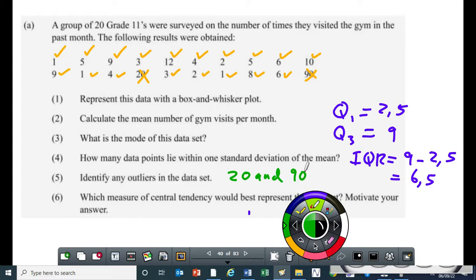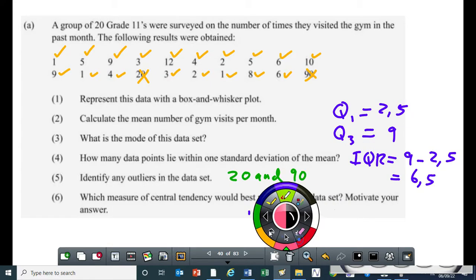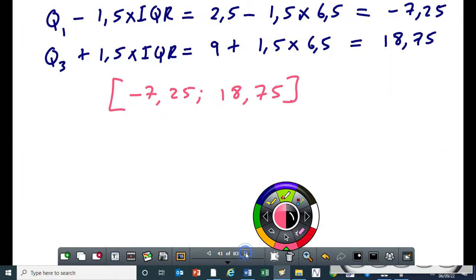Now if you've done it by inspection, I think the only answer that you probably might have got was that 90, because it's too far away from the rest of the data set. In that case, you might not have been able to identify 20 as an outlier. That's why you need to use this test in terms of that interval.